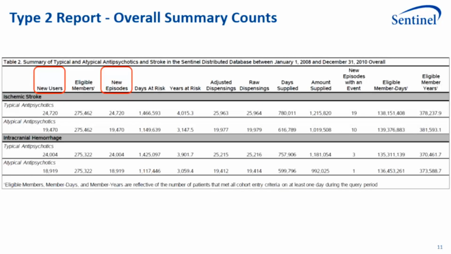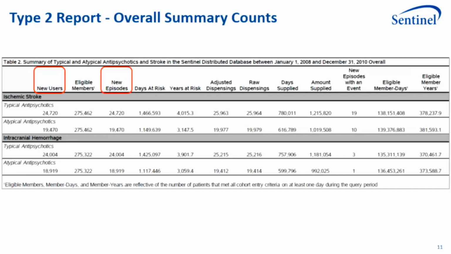So like you saw before, there's 24,720 typical antipsychotic users. There's the same number of episodes for them. You can see here the difference in the atypical versus typical users in terms of counts, and then you can follow through the numbers again. You're seeing a difference in the number of typical users here compared to the number here because of that washout of the outcome.